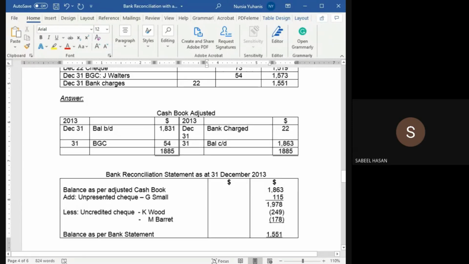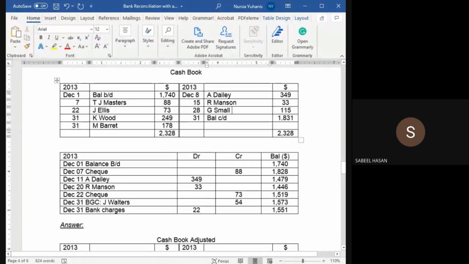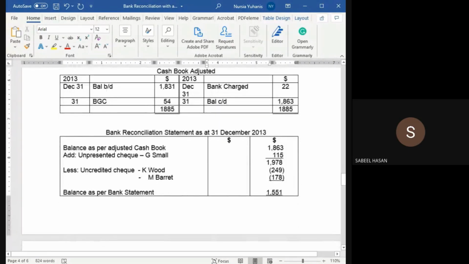Here this question has uncredited cheques, so you refer to here. These two are not listed in your bank statement, so you put them here. So you plus 115, minus 249, minus 178, and it will become 1551. This amount you check again with your bank statement.